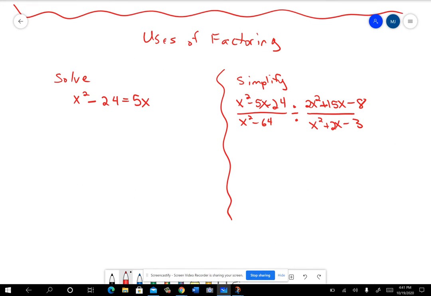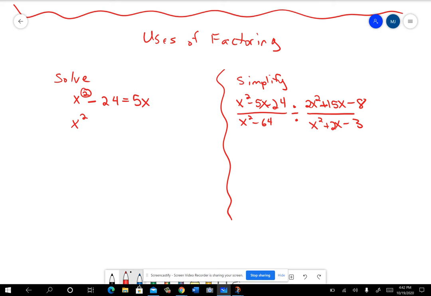So I wanted to just look at a couple problems like that, getting at the basic idea, and then I'll go back to a worksheet we had in class and run through some of those as well, okay? So first off, what you want to do when you're solving a quadratic equation, that has degree 2, and really this is true even if it were degree 3 or 4, is you want to get it equal to 0.